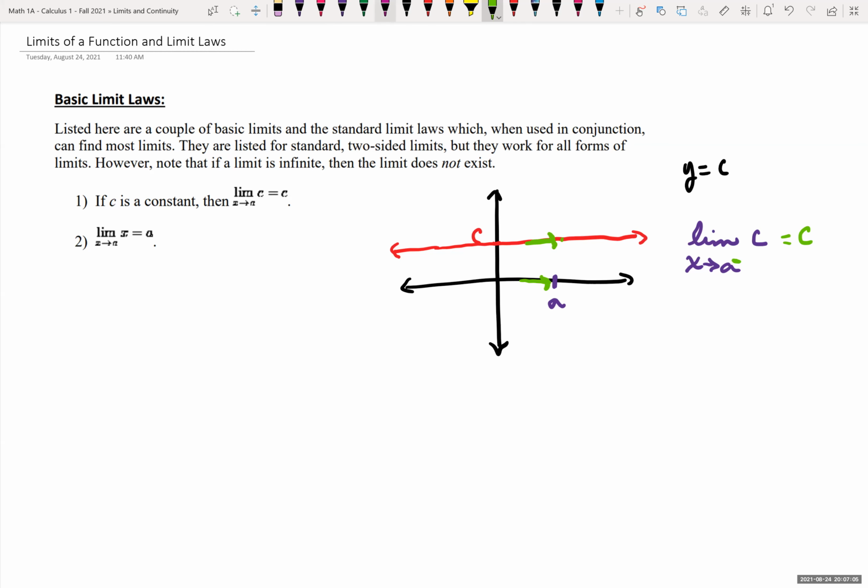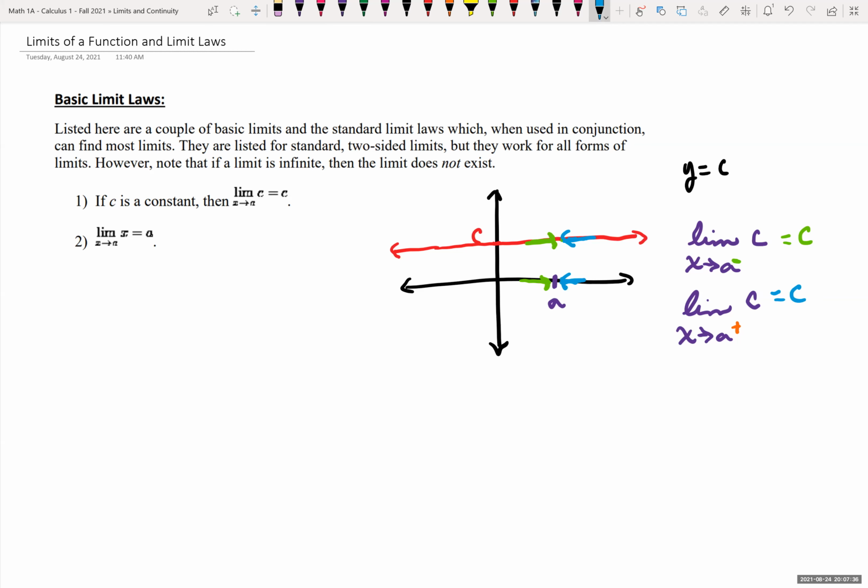If we looked at the limit as x was approaching a on the right, we denoted that with a plus symbol, of c. So as we're coming in from a on the right-hand side, we're looking at our graph and what y value we're approaching as x gets closer and closer to a on the right. And that y value is also c.